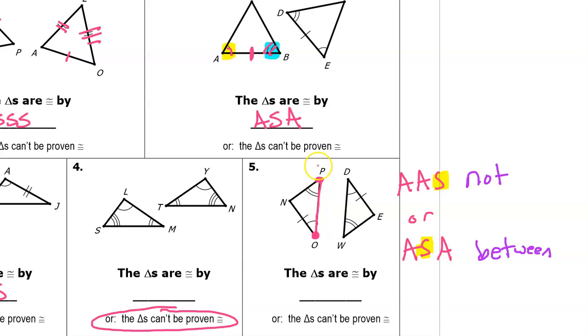So this is the side that's between the angles. Is that the side that's marked? No. The side that's marked is some other side. So the side is not between the two angles. So this is angle, angle, side. If they had marked the side between the angles, then it would be angle, side, angle. Okay, let me just get rid of that extra mark.